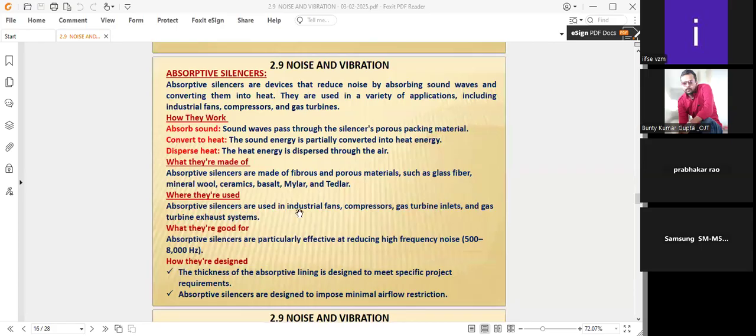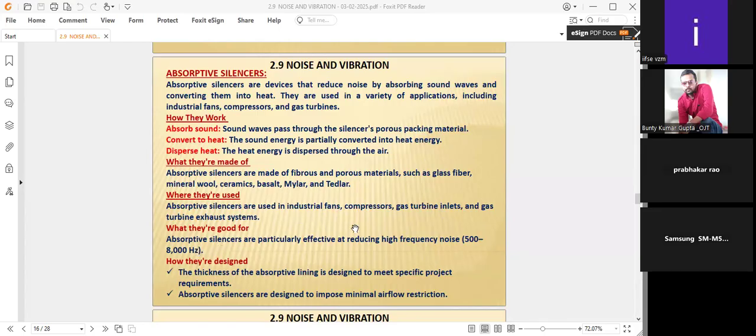Absorptive silencers are used in industrial fans, compressors, gas turbine inlets, and the gas turbine exhaust system, where the frequency is higher. Absorptive silencers are particularly effective at reducing high frequency noises, for example, 500 to 8,000 cycles or hertz.